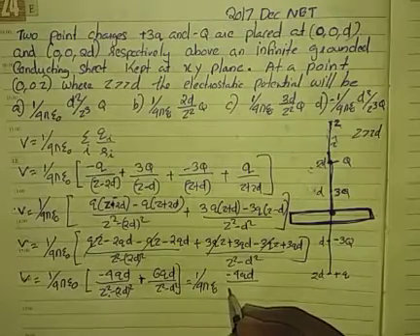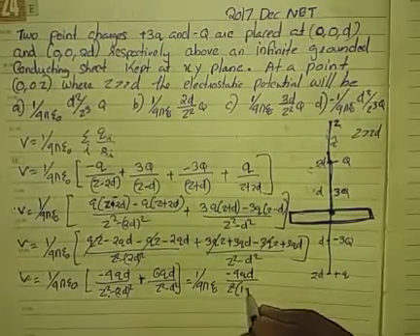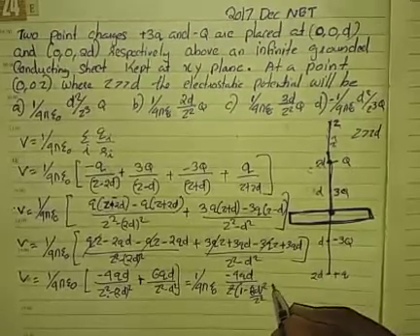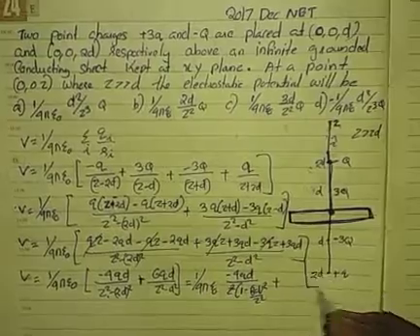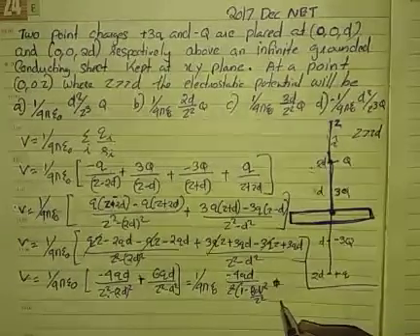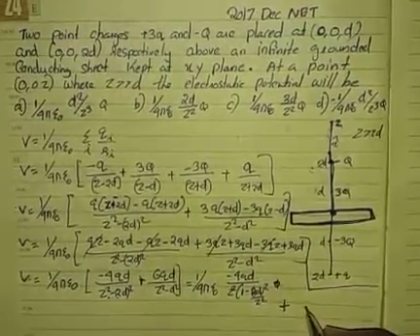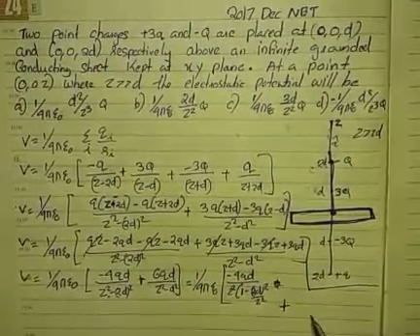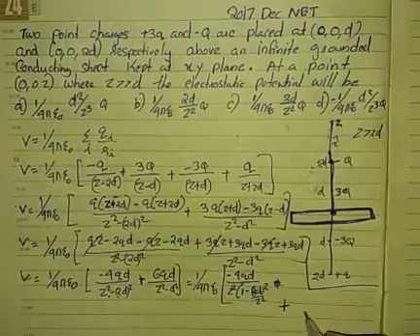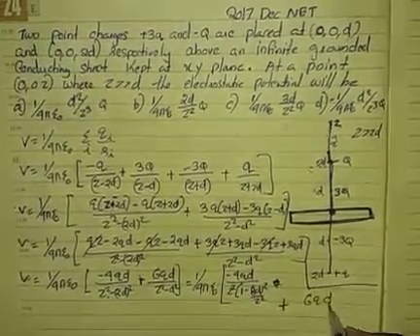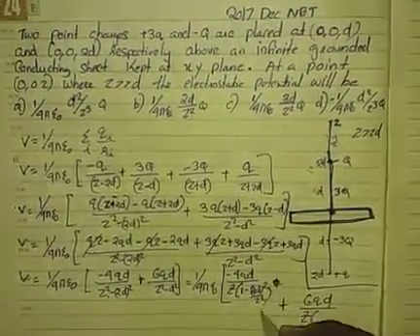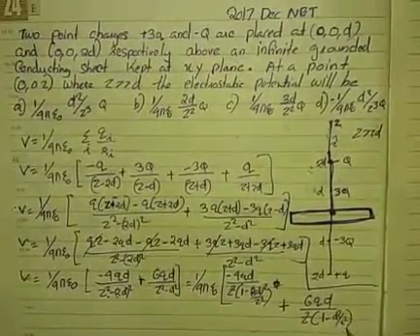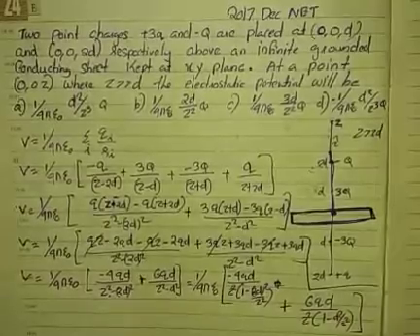What I will get is z square into 1 minus 2d the whole square by z square, plus 6qd by z square taken outside, and 1 minus d square by z square. That's what you get as a whole.